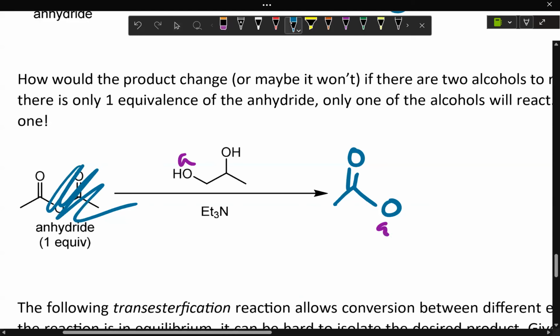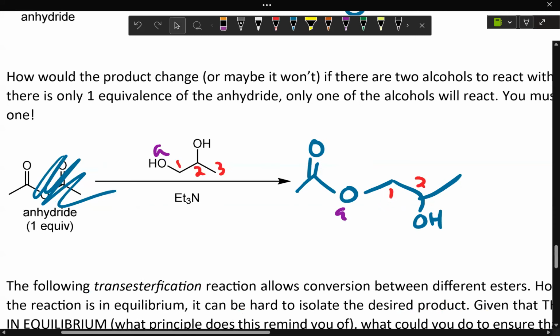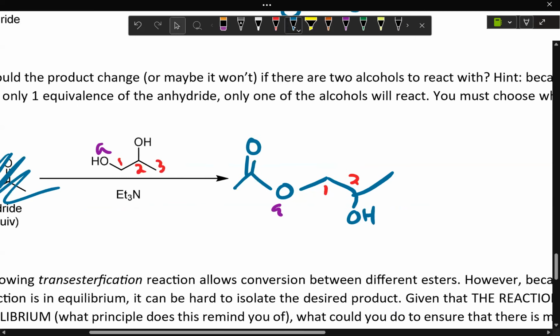If we add on oxygen A, and I should probably number, that'd be helpful. If we add on oxygen A, then that would give us this product. Or if we added on oxygen, let's call this B, then let's show the product of what that would be.